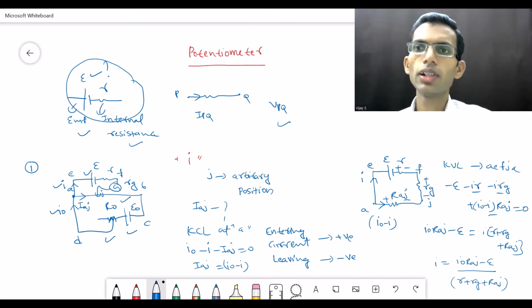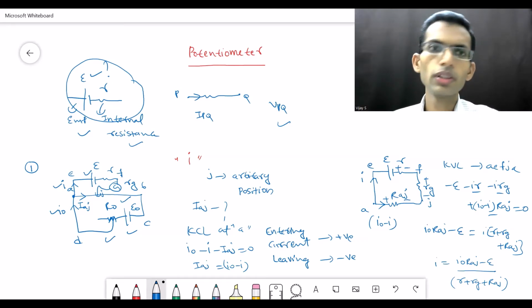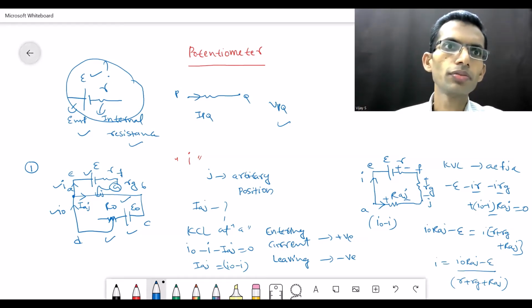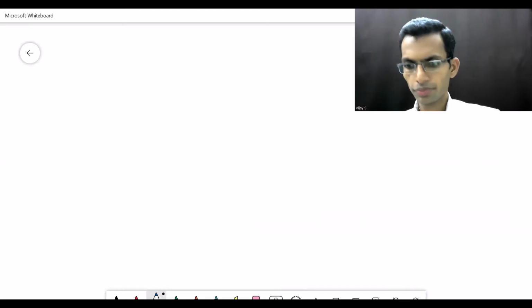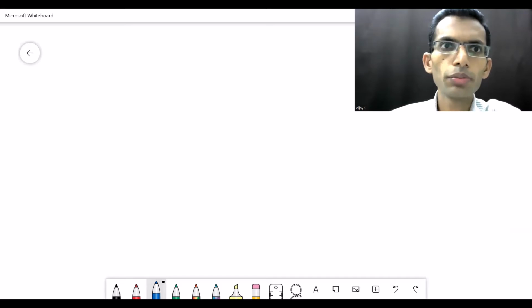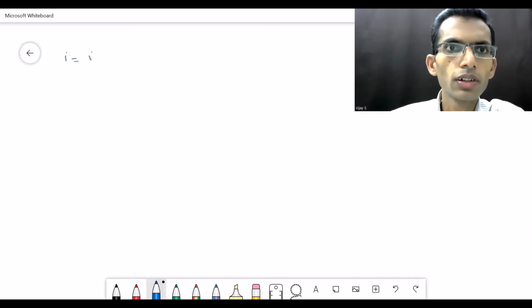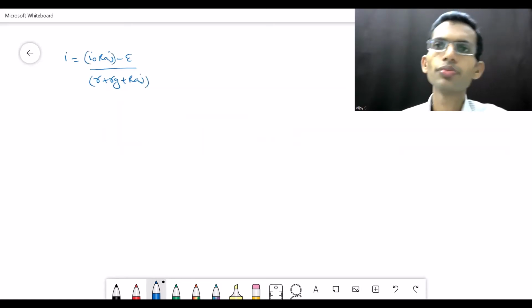So this is the current expression. Let me move to the next whiteboard. So we obtain the current expression, I naught RAJ minus E by R plus RG plus RAJ. What does this term represent?